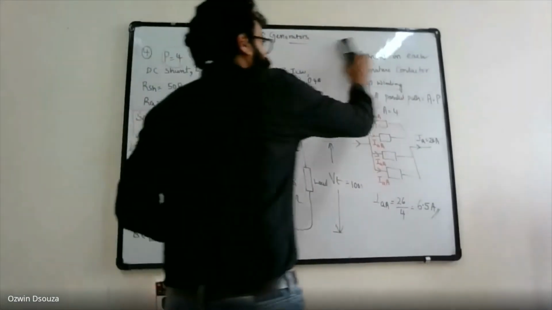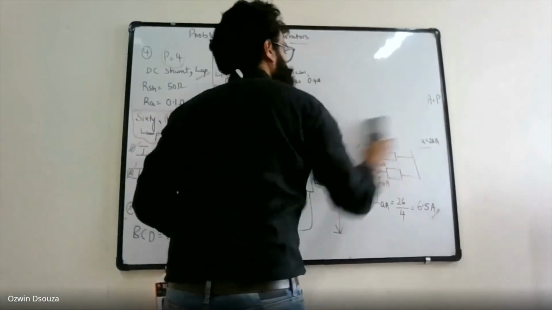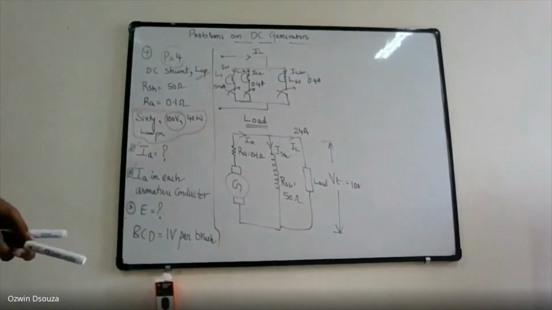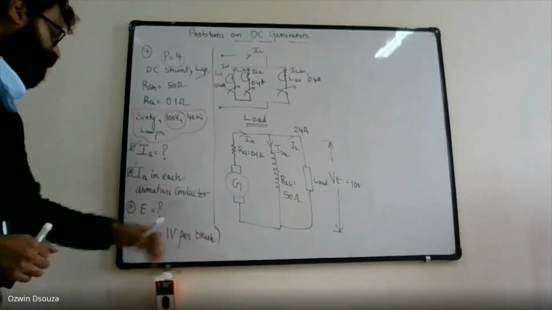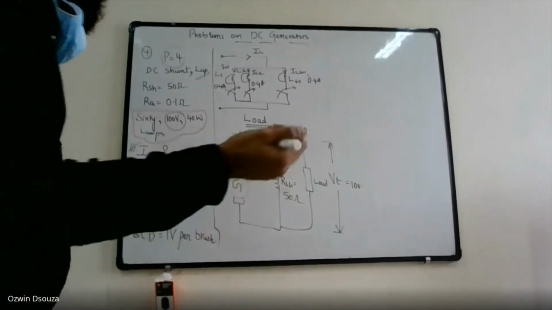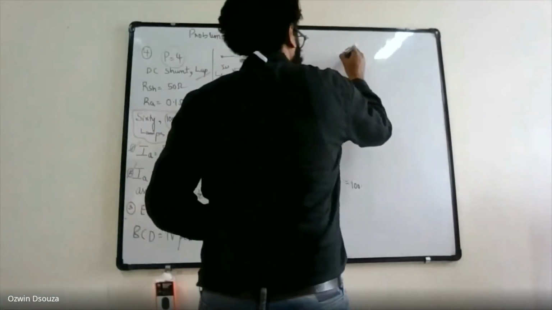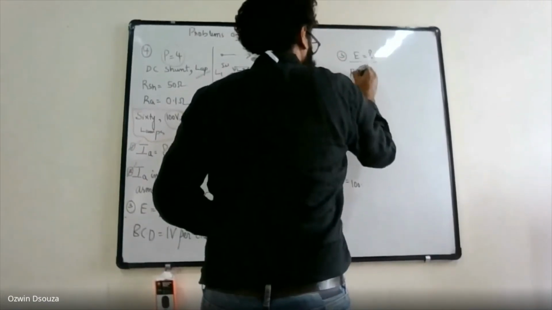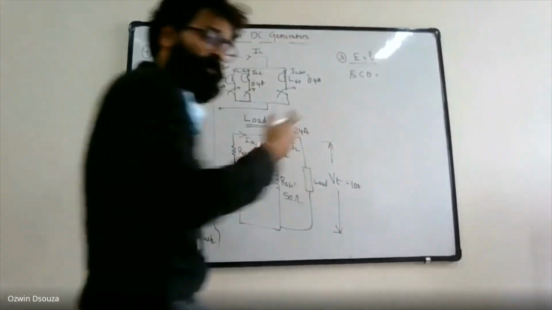Coming back to part 3, very straightforward. It's about finding the EMF, taking 1 volt per brush drop. Let me write the brush contact drop at the beginning itself.